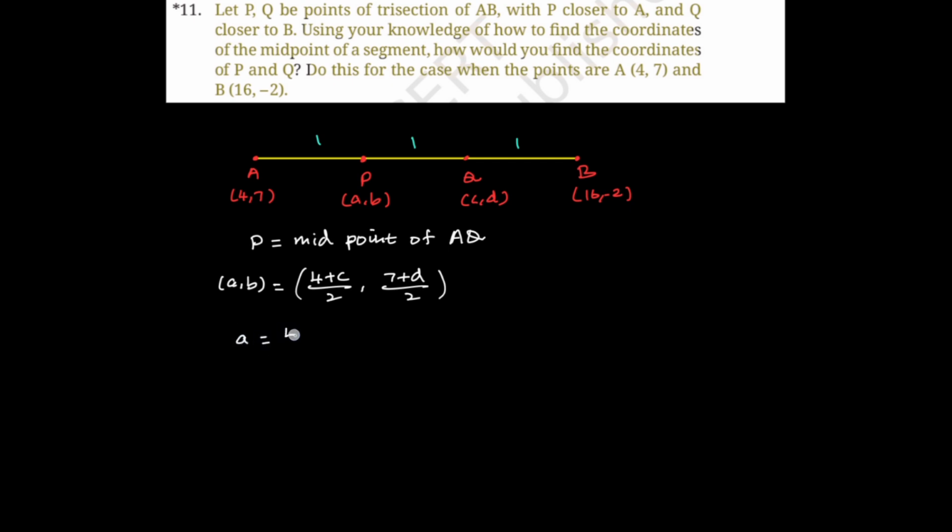So a equal to (4 plus c) by 2. From this, 2a equal to 4 plus c. For the next equation, equate the y coordinate values: b equal to (7 plus d) by 2. From this, 2b equal to 7 plus d. Consider this equation number 1 and this equation number 2.